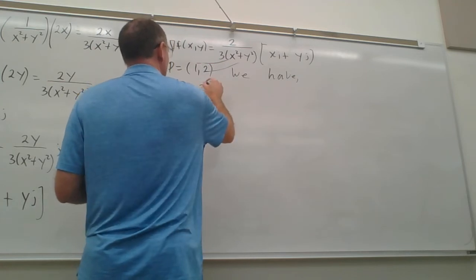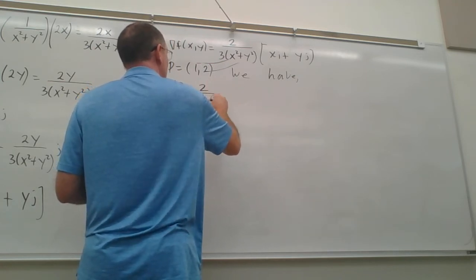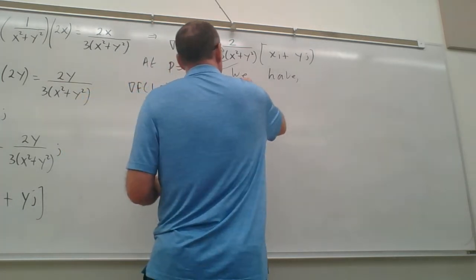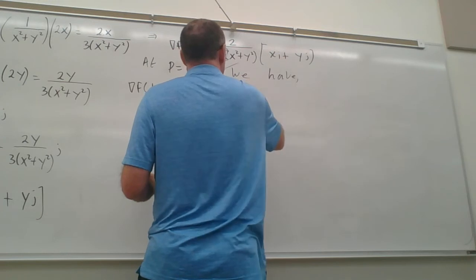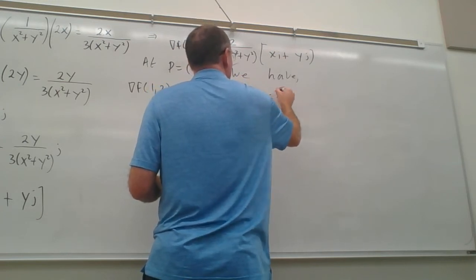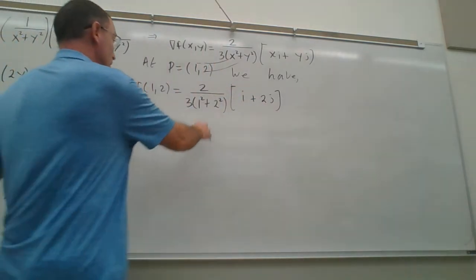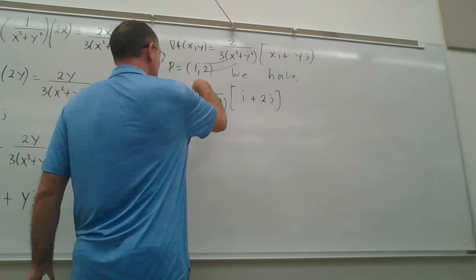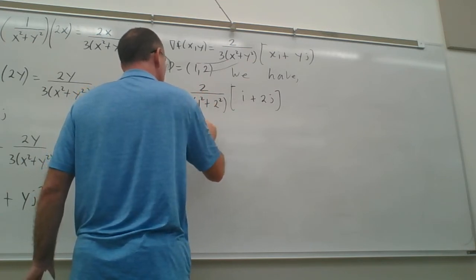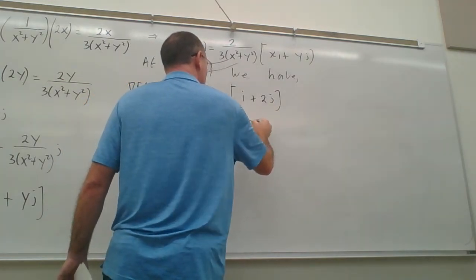So it'll be 2 over 3(1 squared plus 2 squared) times (1 i plus 2j). Okay, so simplifying this, that's 1 plus 4 is 5, so it'll be 15, that would be 2 over 15 times (i plus 2j).